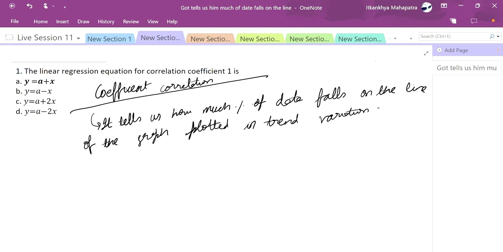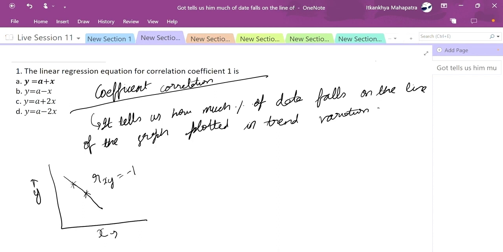Suppose this is y, x, and we assume this is the correlation coefficient rxy is equal to minus 1. This is for the decreasing trend.